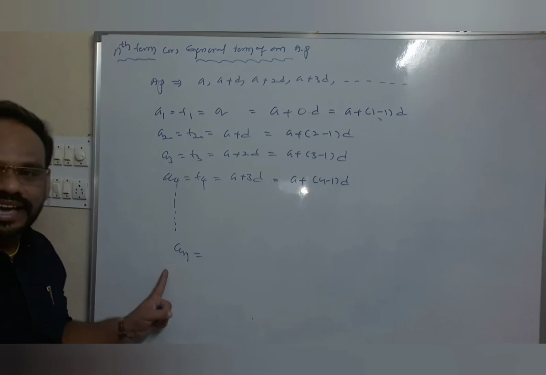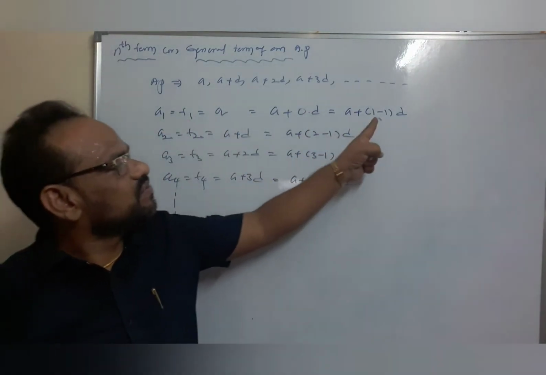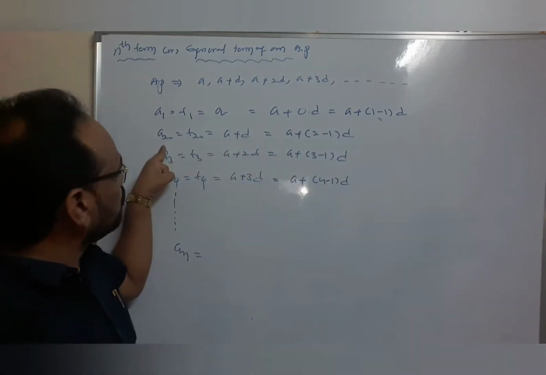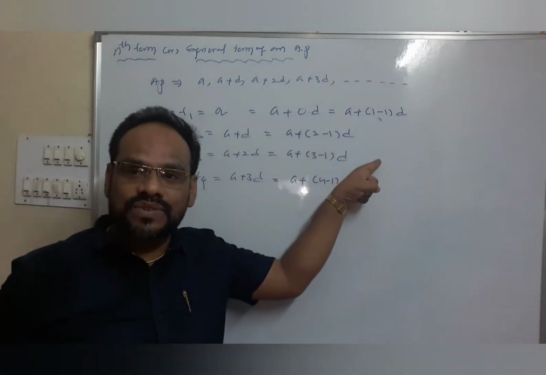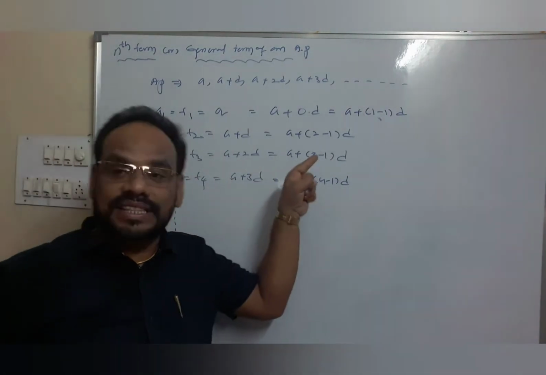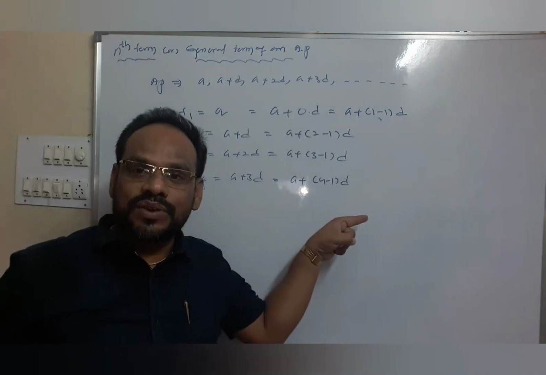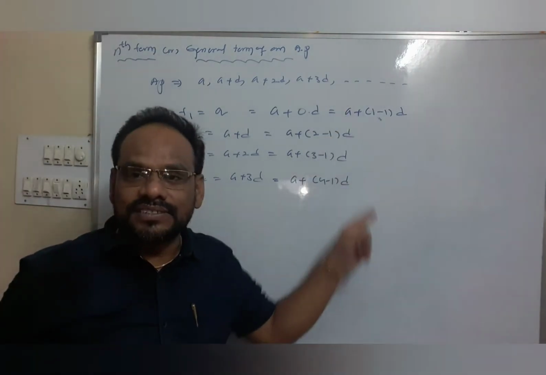Observe here, we want the nth term. A1 means A plus 1 minus 1 into D. A2 means A plus 2 minus 1 into D. A3 means A plus 3 minus 1 into D. A4 means A plus 4 minus 1 into D. Observe this pattern.